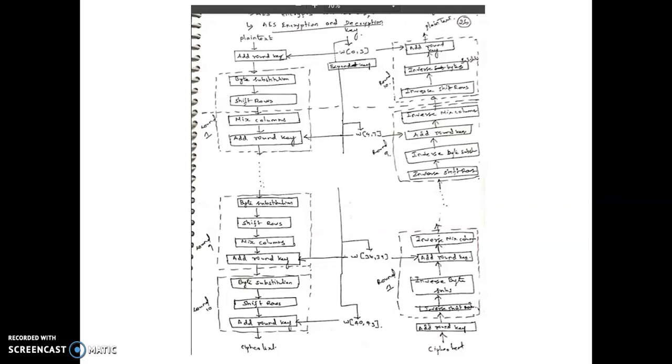So before going to round 1, the plaintext goes through the process called add round key, where the round key is added.